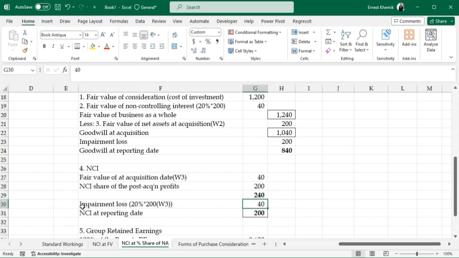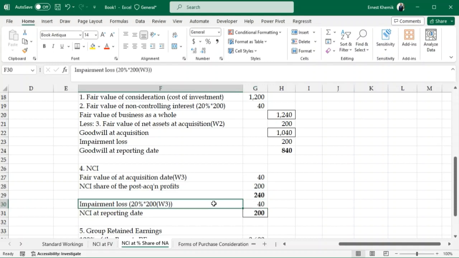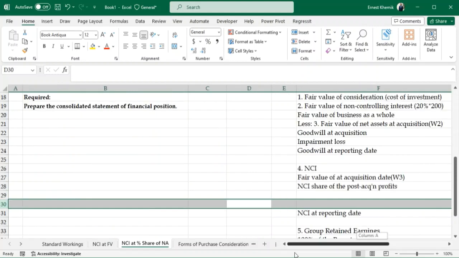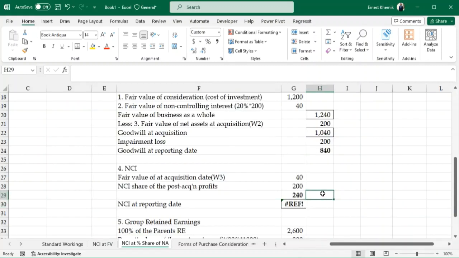Then the share of the impairment loss will not be here. This is where the trick comes. So that will not be there. So I can actually delete this particular row there.